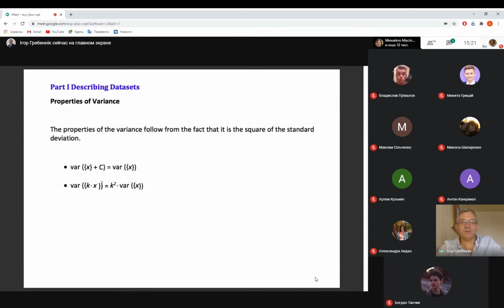The proofs of these two properties are so simple, and you have an opportunity to learn these proofs in the textbook.